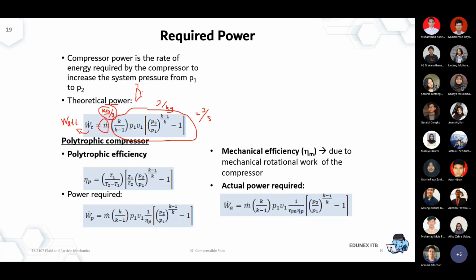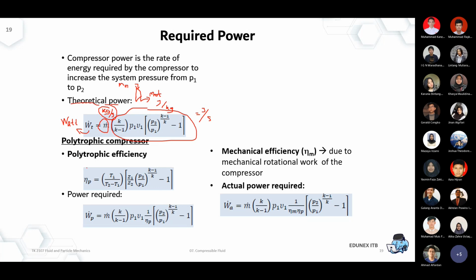Volume will not always be balanced, but when we're talking about mass, of course, mass in will be the same as mass out. Regardless of the density or the volume, if we have 1 kilogram in, we will have 1 kilogram out. If we have 1 ton in, we will have 1 ton out. So you can use m in or m out, it should be the same. That gives you the theoretical power in watt.